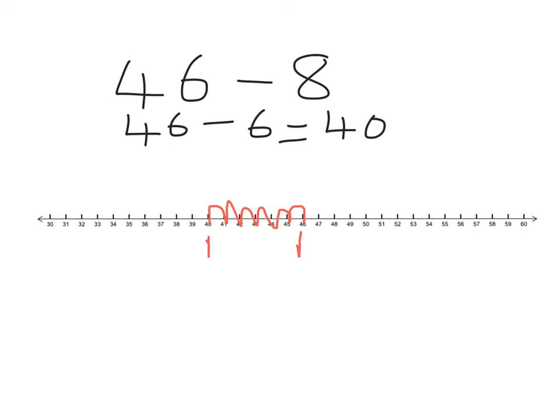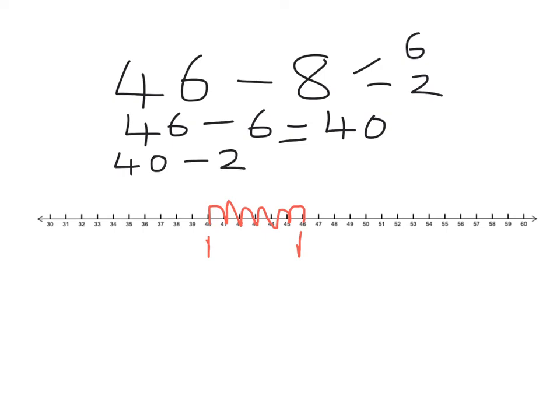Now in my question it says that I need to take away 8, but so far I've only taken away 6, so I need to think of how many more I need to take away. And I know that 8, if it's got 6 in it, it also needs to have 2 more to make 8 in total. So that means that now I'm going to go from my 40 and take away another 2.